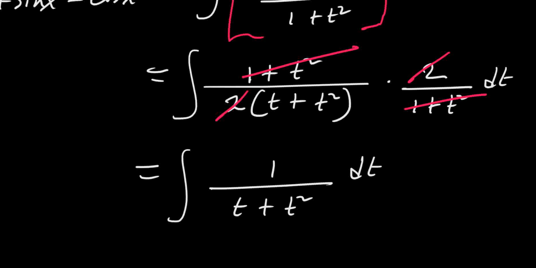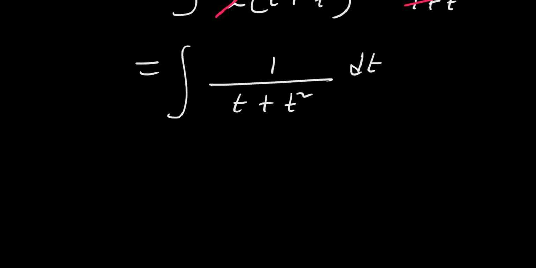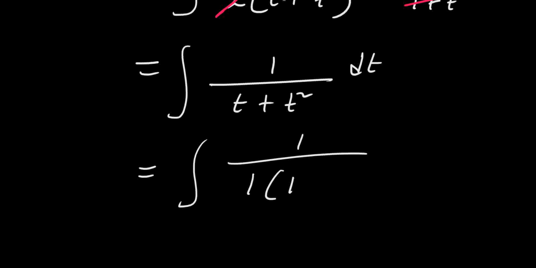dt. So at this point we can simply write this as, first of all, let's factor t from here. So this will be the integral of 1 over t parenthesis 1 plus t dt. All right.